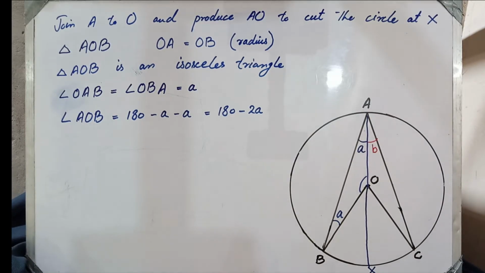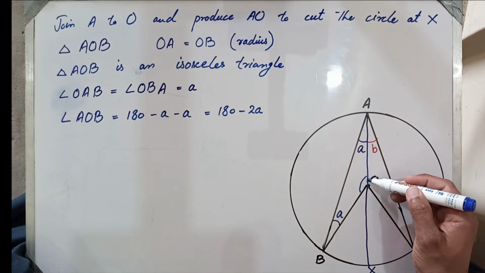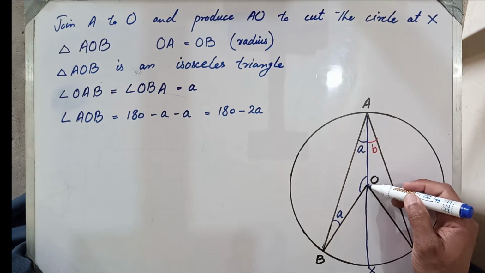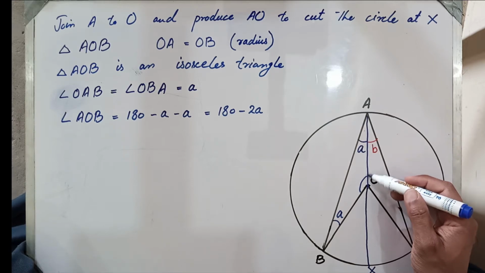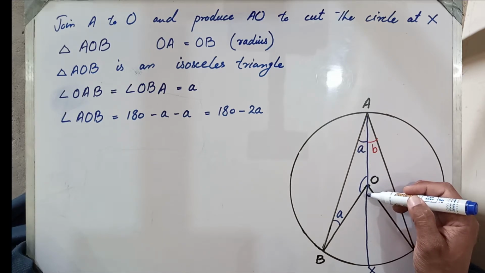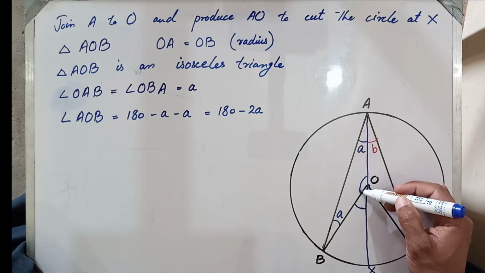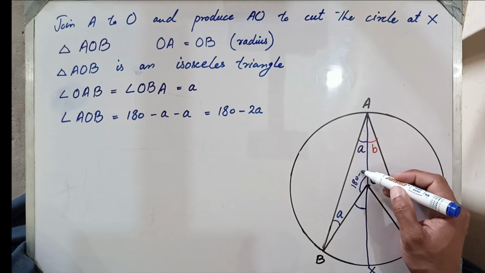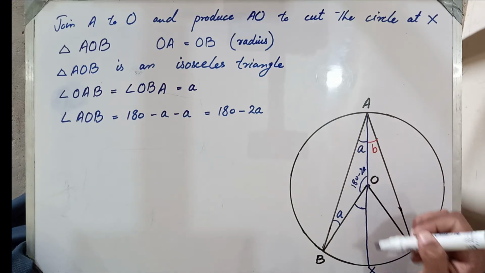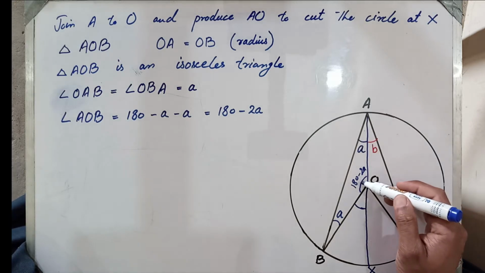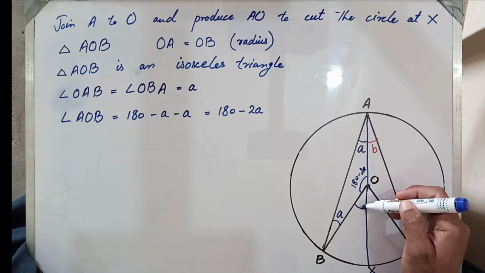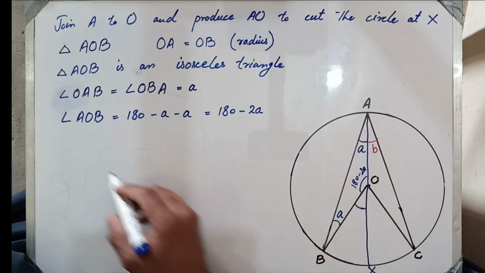After that, you are looking at this line AX passing through point O, which is a straight line, and the angle of a straight line is always 180 degrees. So you can find this angle by subtracting angle AOB from 180.